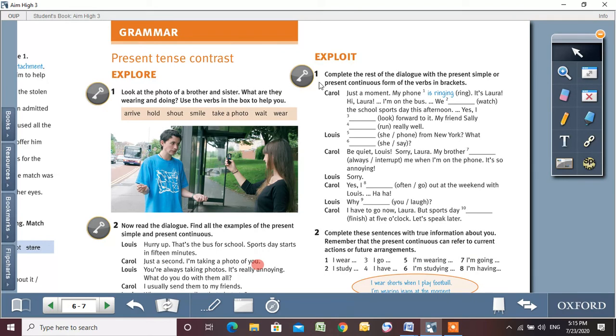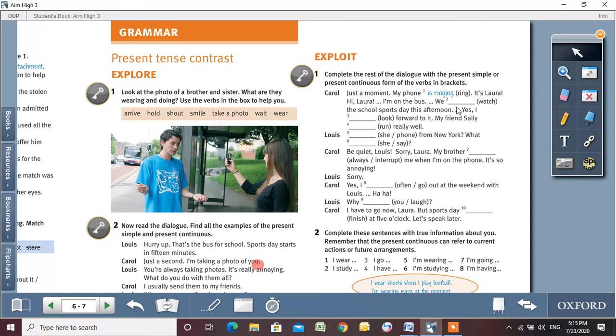Exploit, exercise 1. Complete the rest of the dialogue with the present simple or present continuous form of the verbs in brackets. Number 1. Carol, just a moment, my phone is ringing. It's Laura. Hi Laura, I am on the bus. Number 2.